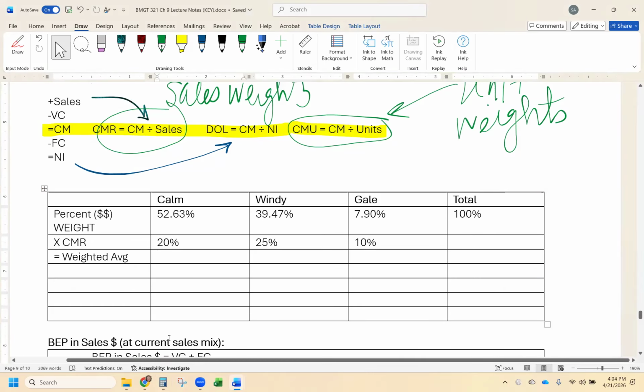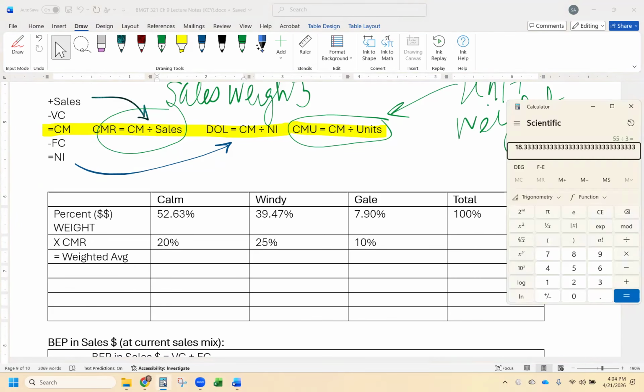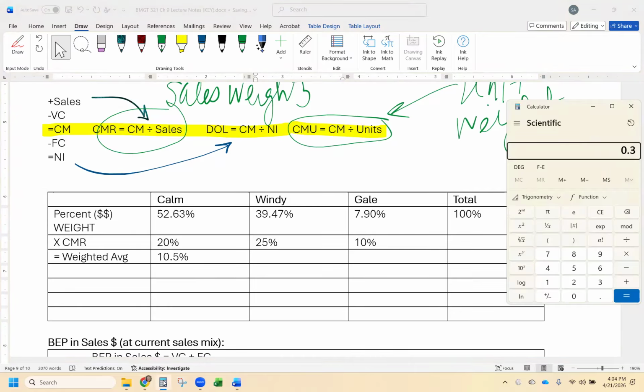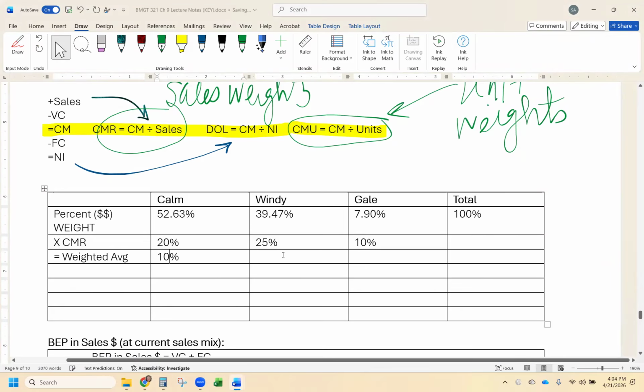All right. So do the math. 0.5263 times 20%. We get 10.5. And then for windy, 0.3947. Oh yeah, I don't have to do it because I put it in my notes. I already calculated it. This one ends up being 10, and that one's 10, and this one is 1. Then we add those up, and it is 21%.